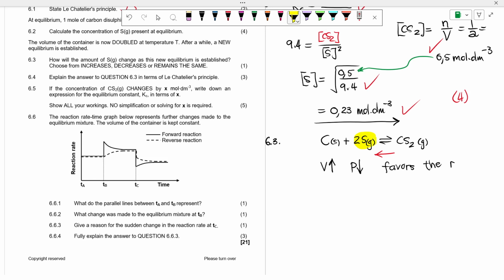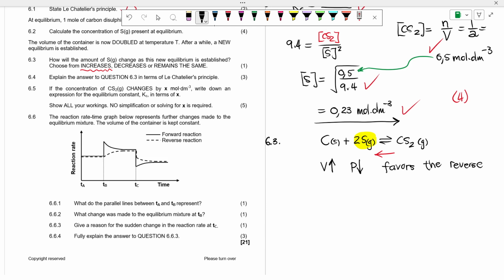So to answer that question, we're going to say it's going to increase. To give a reason, we say it's favoring the reverse. Increasing the volume decreases the pressure.